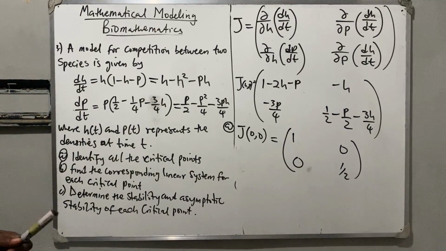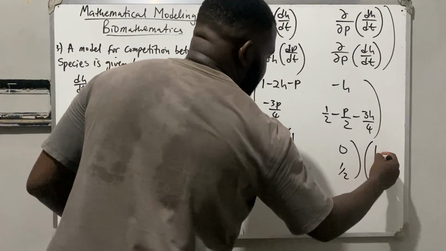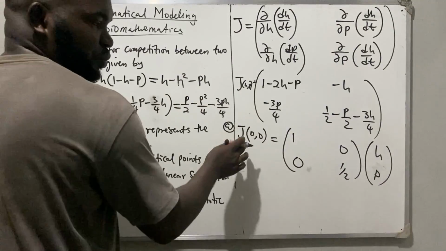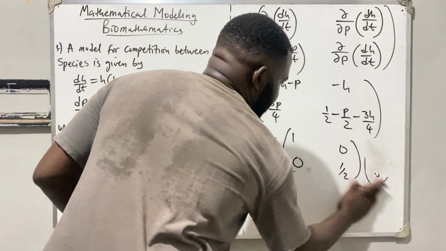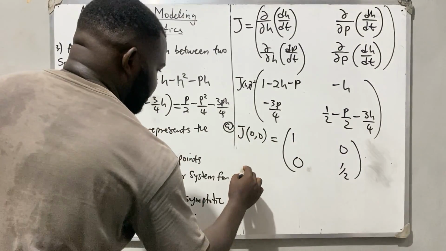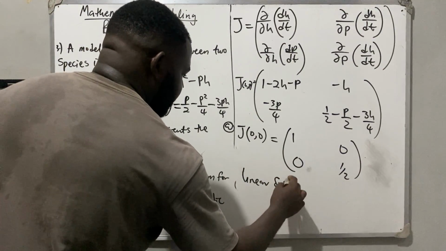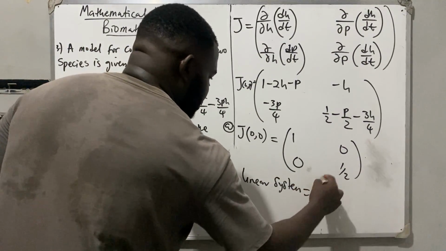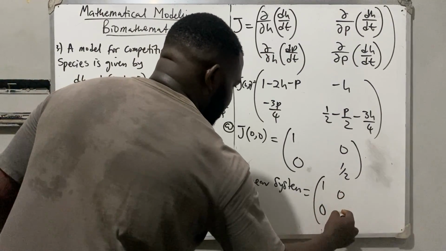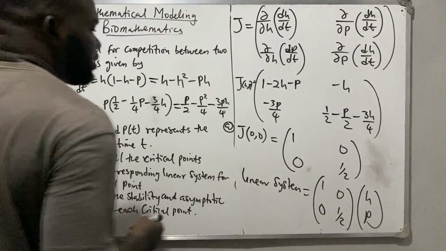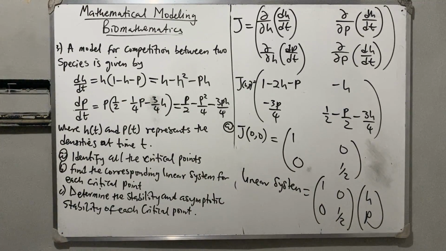After getting this, you tell them that the linear system will now be just 1, 0, 0, half, multiplying H, P. That's the linear system. Very simple for the first one.